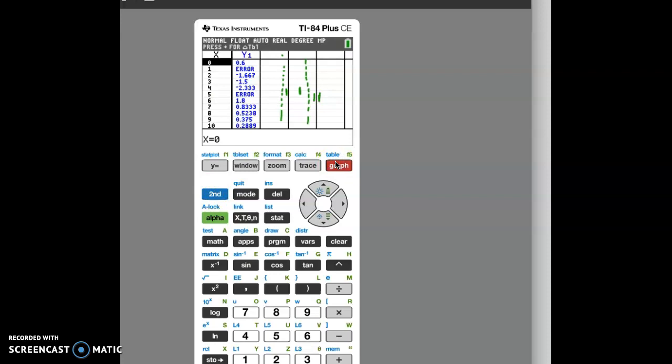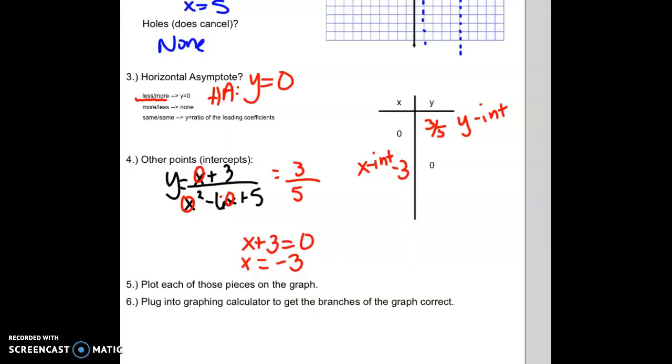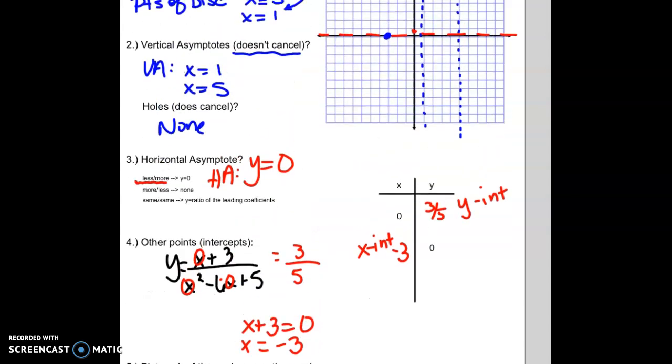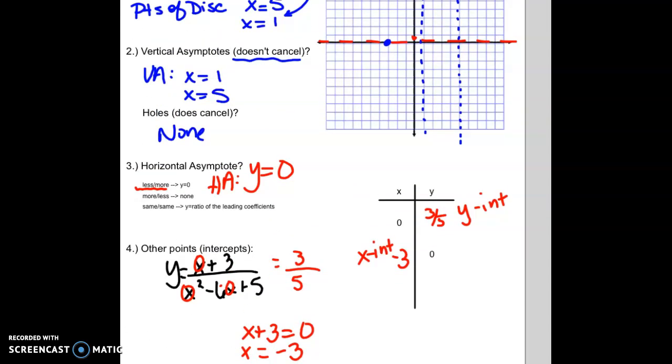All right, so when x is 2, we were at about negative 1.6. And at x being 4, we were at negative 2.3. So negative 1.7, we'll say, and negative 2.3. All right, so when x was 2, we were at negative 1.7. When x was 4, we were at negative 2.3.